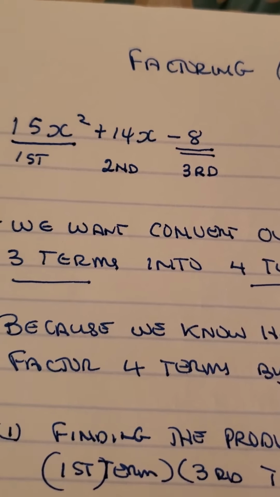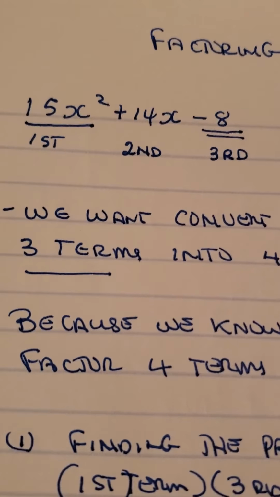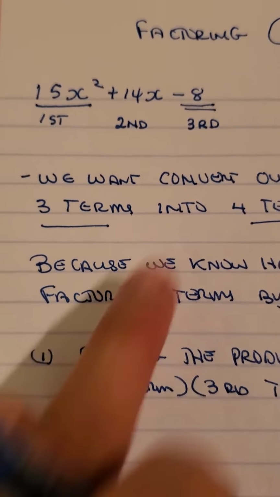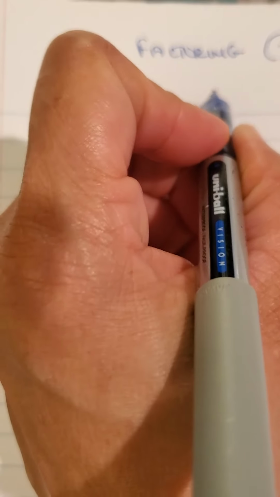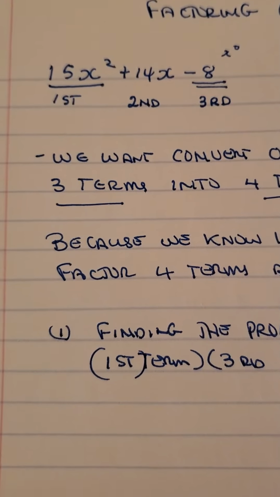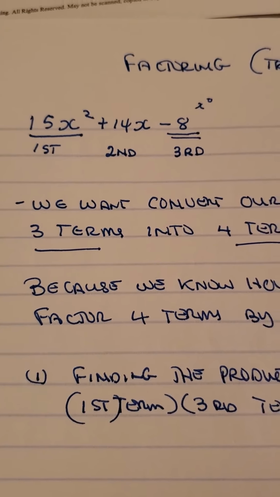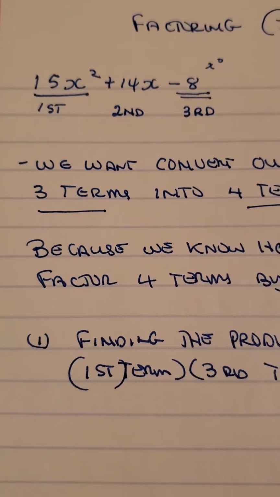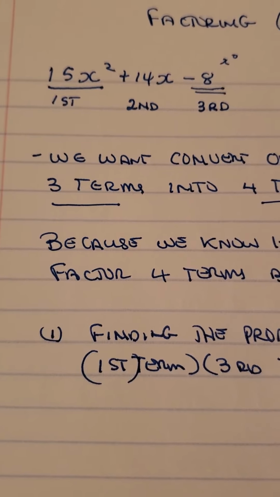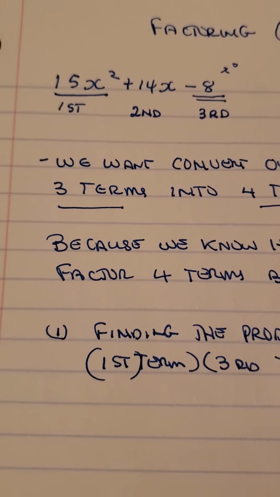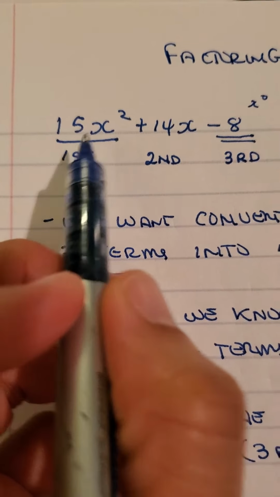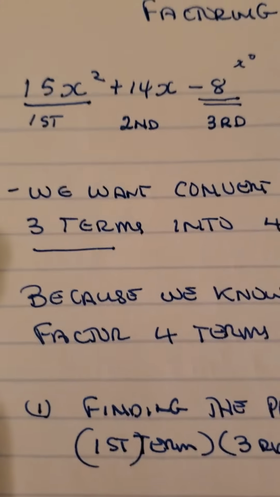Usually it works out in hindsight that you just need to find the product of the coefficients. The reason why I refer to 8 as a coefficient is because there's actually an x to the 0 there, but technically that's probably not the correct thing to say. Negative 8 is not a coefficient, but we use the constant term and the coefficient of the first term, find the product of that, and we're able to figure out our two factors that we're going to make a fourth term with.